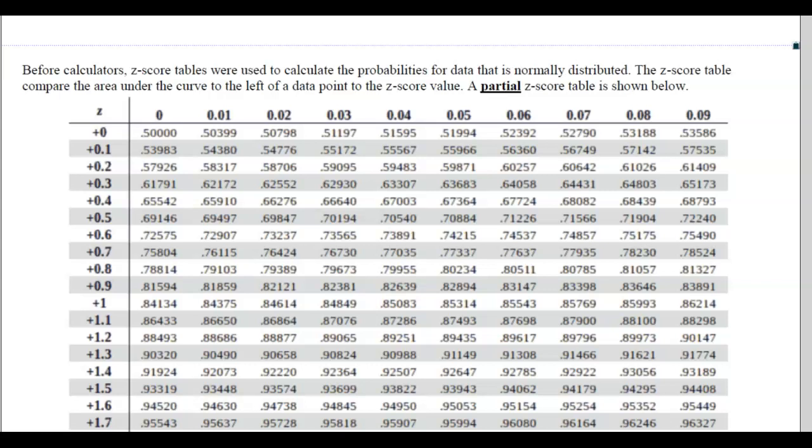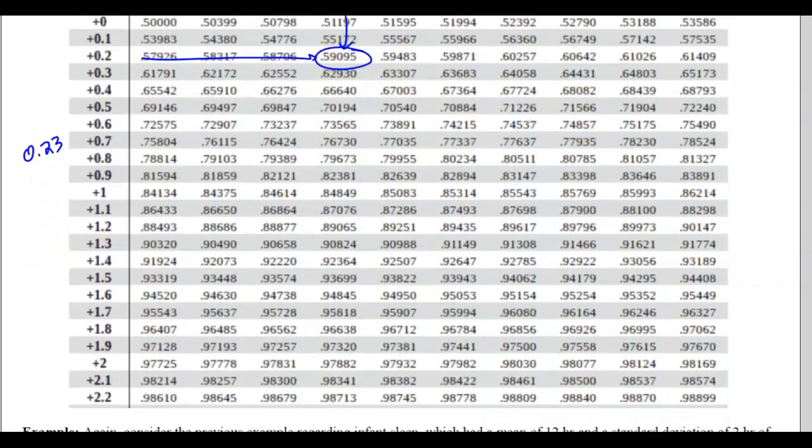So if you had a z-score of, for example, 0.23, you would have to look here, 0.2, and then 3 in the 100th place. So you basically go down from there and across from here to get the values. You kind of combine the horizontal and vertical to come up with your z-score value. That's how a chart like that would work.